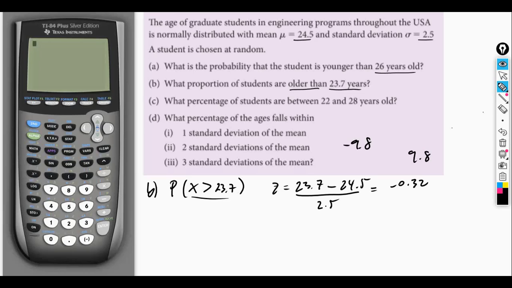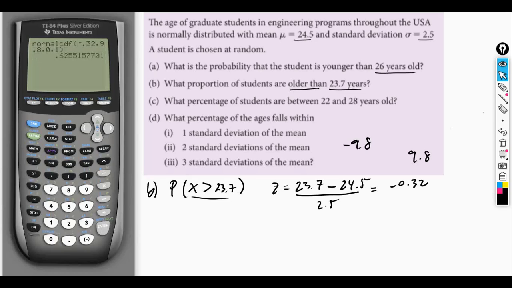So that means that we can plug the information into the calculator. So let's go to the calculator. And here we go again, second vars, option number 2. And in this case, the lower bound is going to be minus 0.32. The upper bound is going to be 9.8. Then 0 for the mean, and 1 for the standard deviation.